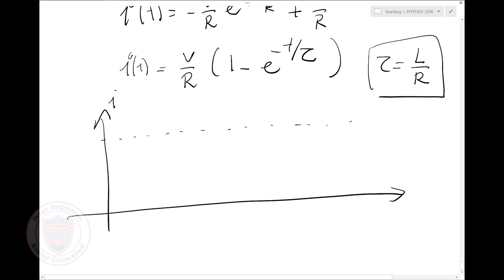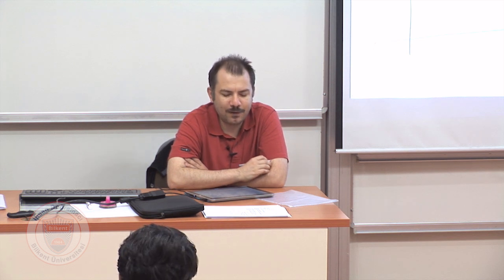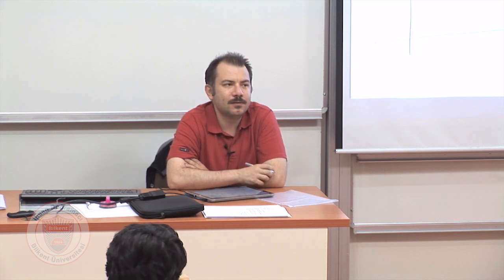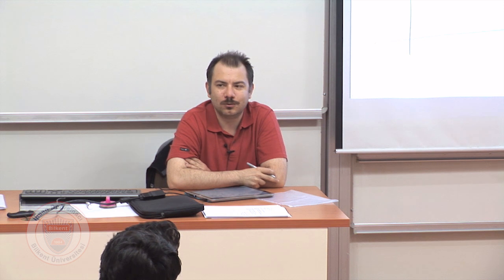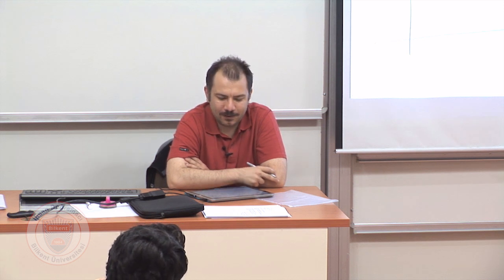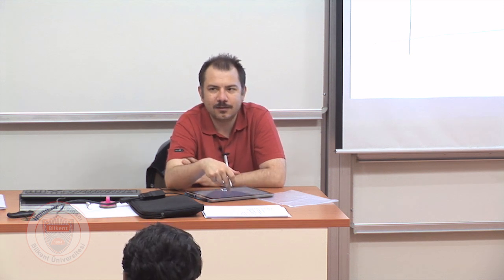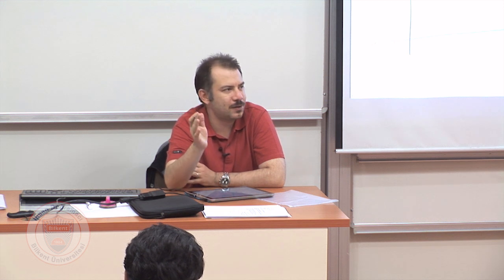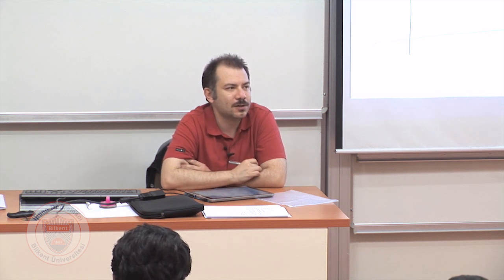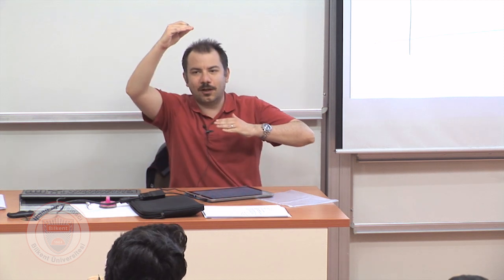So the current is a function of time. Eventually, when time is very large, many taus, the exponential factor will be 0, e to minus infinity will be 0. So finally, this curve will reach V over R. But it will not jump to that value.